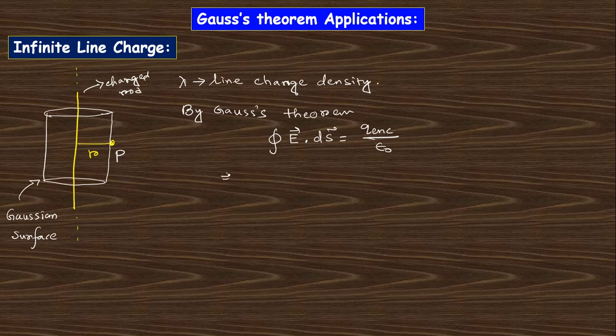Then here you can see there are two types of surface: one is the curved surface and there are two plane surfaces, that one and that one.